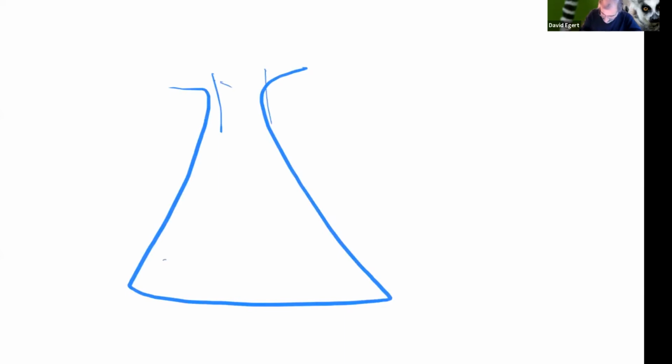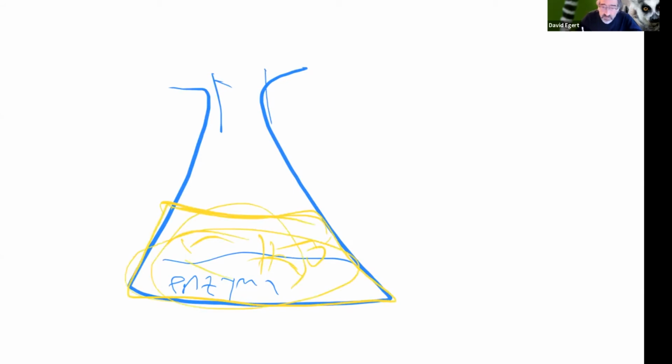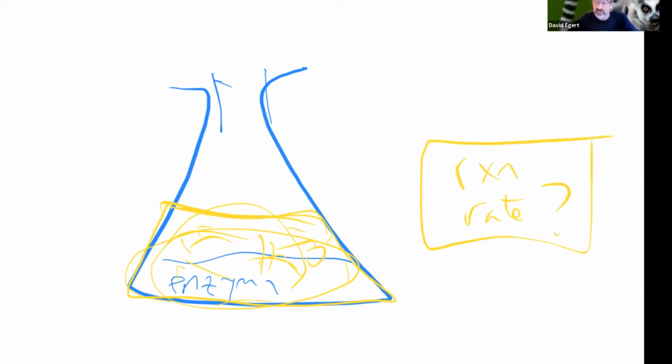We have our little flask here. We have the enzyme. We have the H2O2 solution. And then this is our reaction. If you think about what kind of things affect reaction rate, the total volume that this is occurring in is going to make a difference, right? So we want to keep the volume constant.